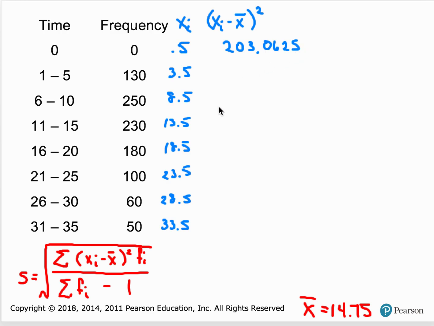Okay, now I've got 3.5 minus 14.75 squared, 126.5625. 8.5 minus 14.75 squared, 39.0625. 13.5 minus 14.75 squared, 1.5625.